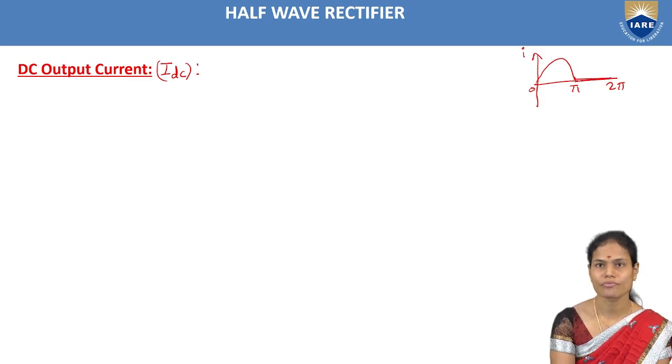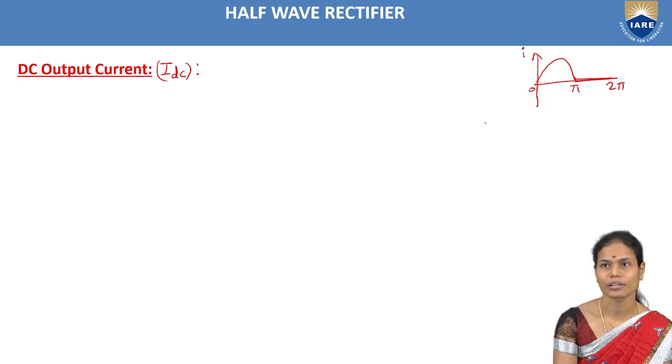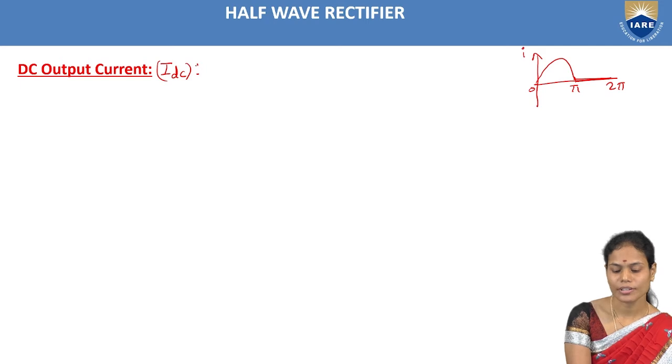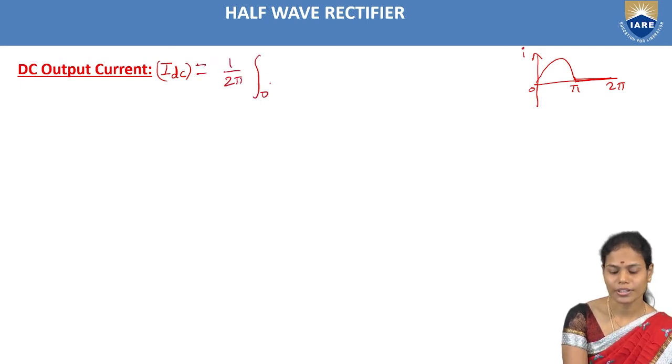Only the positive half cycle is present, but to calculate the average value we have to take the full cycle. So IDC equals 1 by 2 pi integral from 0 to 2 pi of I d omega t.